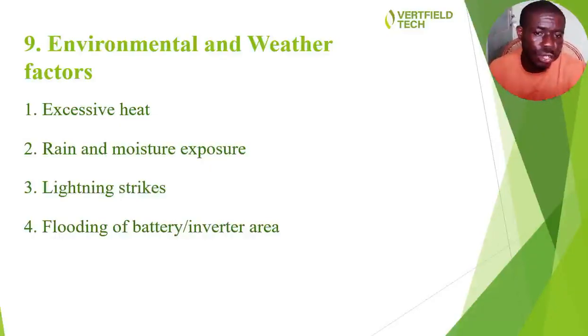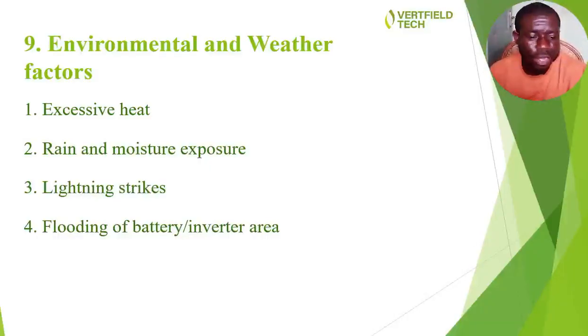Rain and moisture can as well affect it. When there is rain, there is no sun, your panels will not produce energy for you. Lightning strike is another very dangerous thing when it comes to solar system failures. Lightning strikes can actually damage the complete solar system.